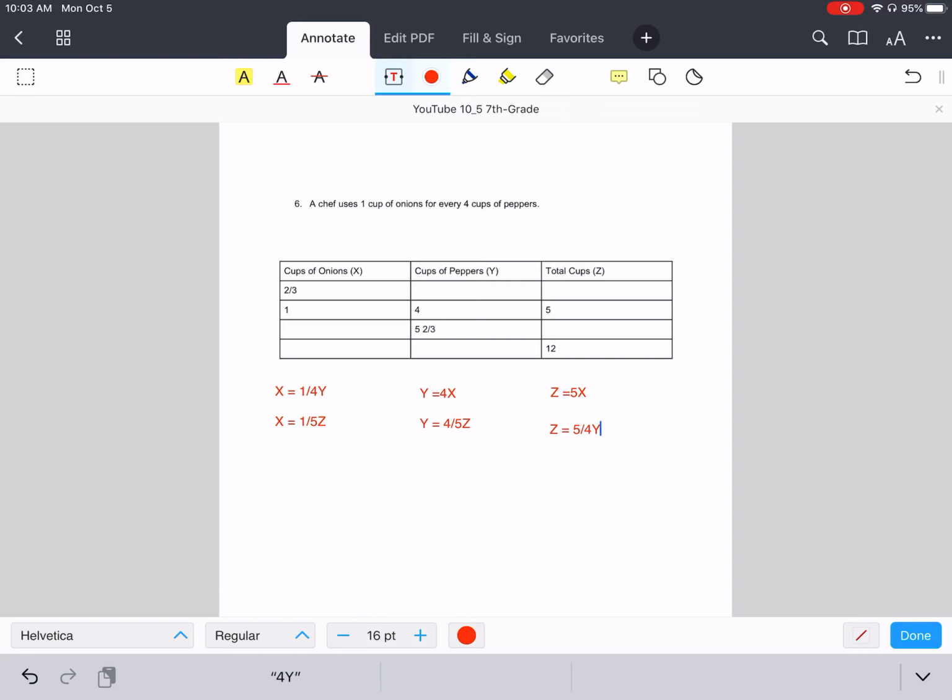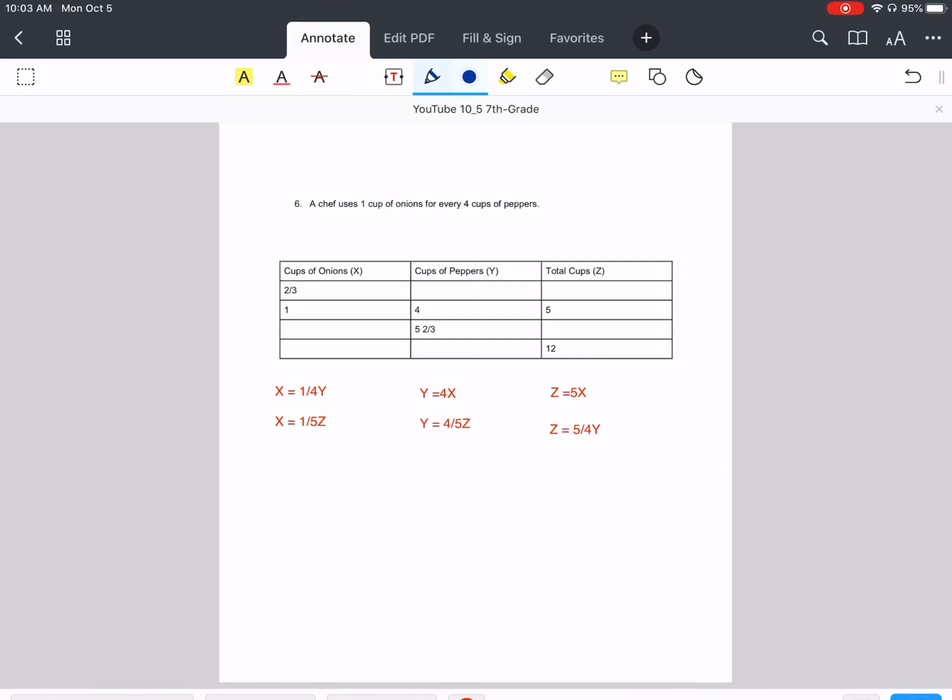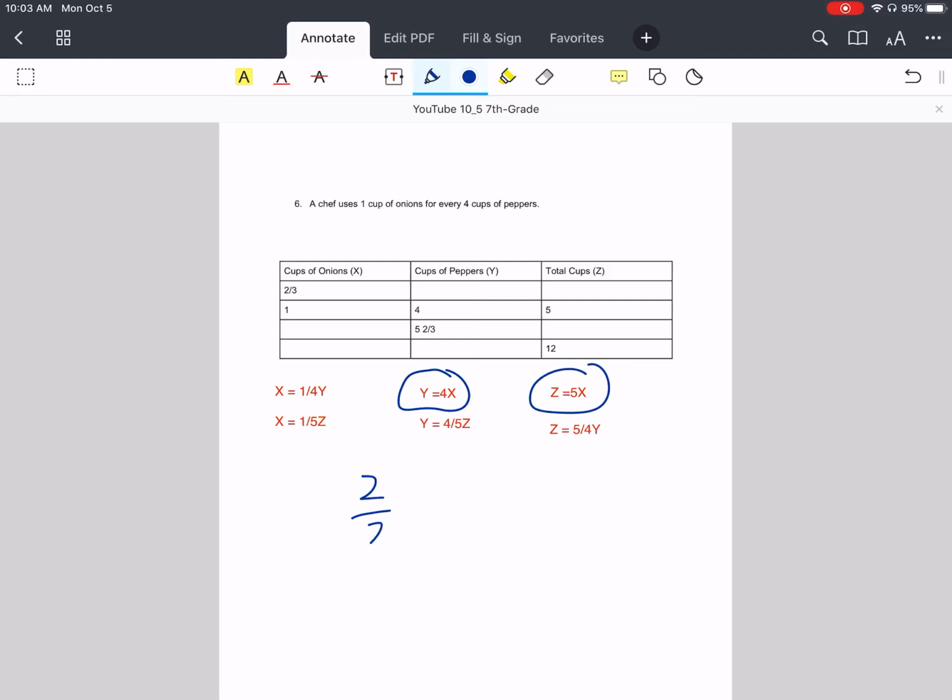Okay, top row, x is equal to 2/3. So we are going to be using these two equations to figure out what y and z are. So to find y, we're doing 2/3 times 4, which equals 8/3, or 2 2/3.